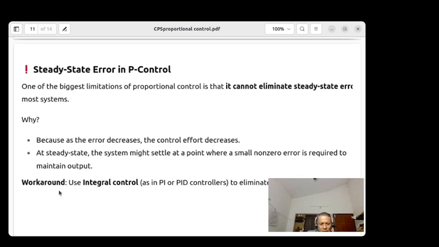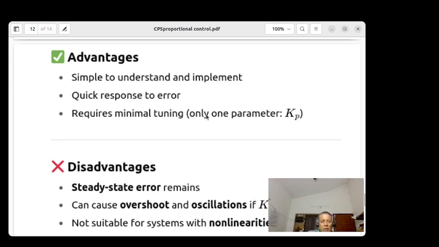So what is the solution? We have to use integral control or PID controllers to eliminate the steady state error. But now we can see the advantages and disadvantages of the proportional controller. The proportional controller is very simple to implement. We can implement it with a very simple gain.